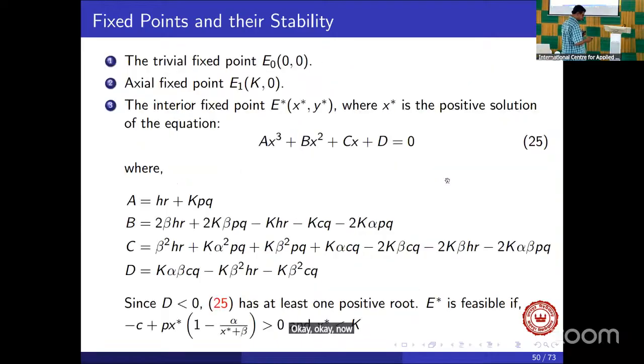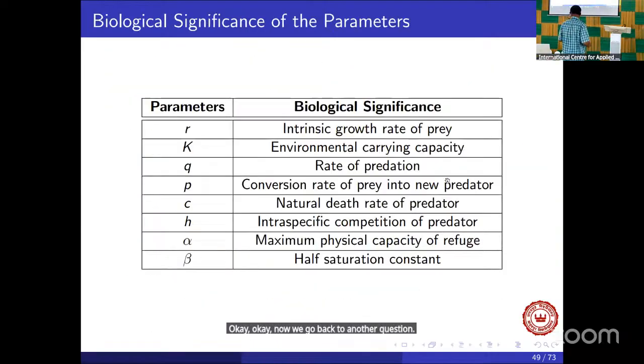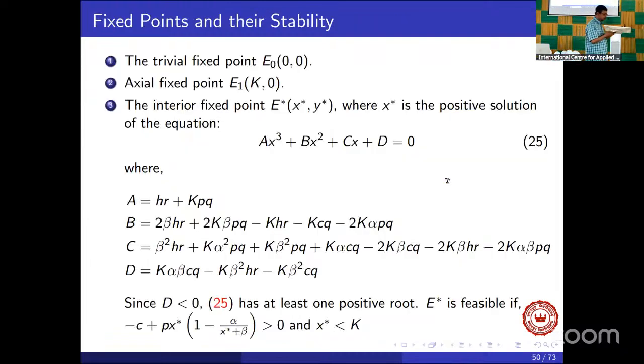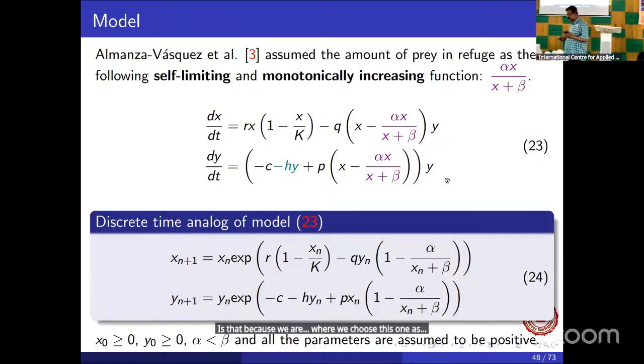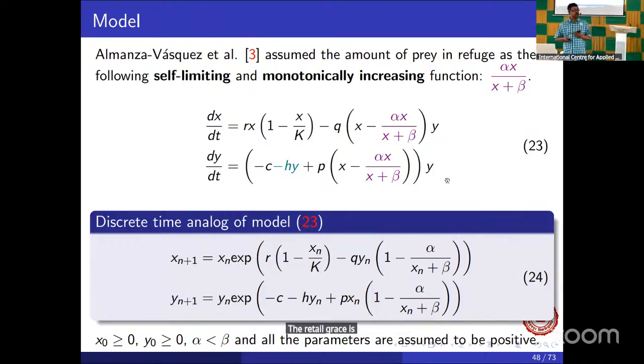Okay, now we go back to that equation. I want to see how alpha works in the model. Because we consider this term as x by x plus beta, a Holling type 2 term. Yes. And we choose this because the refuge space is too small.